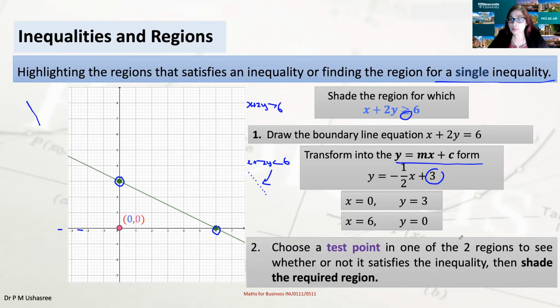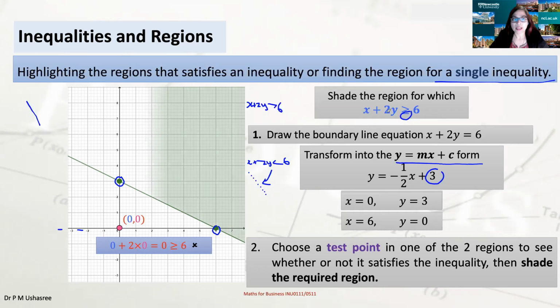So choose a test point in one of the two regions to see whether or not it satisfies the inequality. Then shade the required region. The easiest way is to choose 0, 0. So you substitute 0, 0 there. And what do you get? 0 plus 0 is not equal to 6, and it is less than 6. So that means that's wrong.